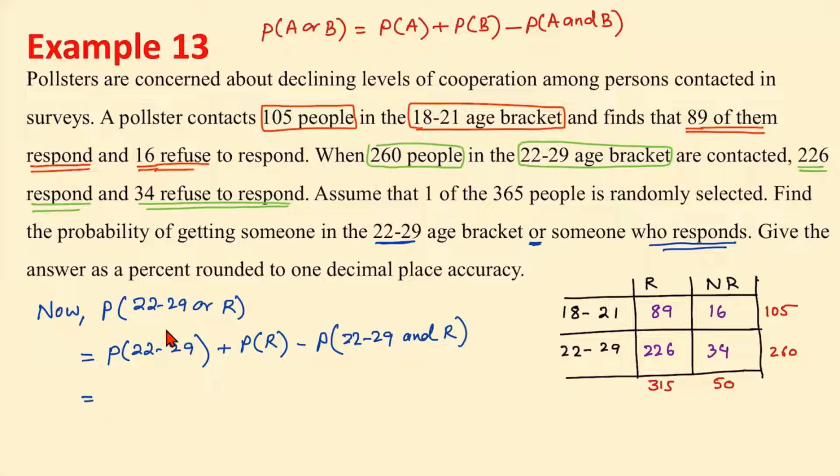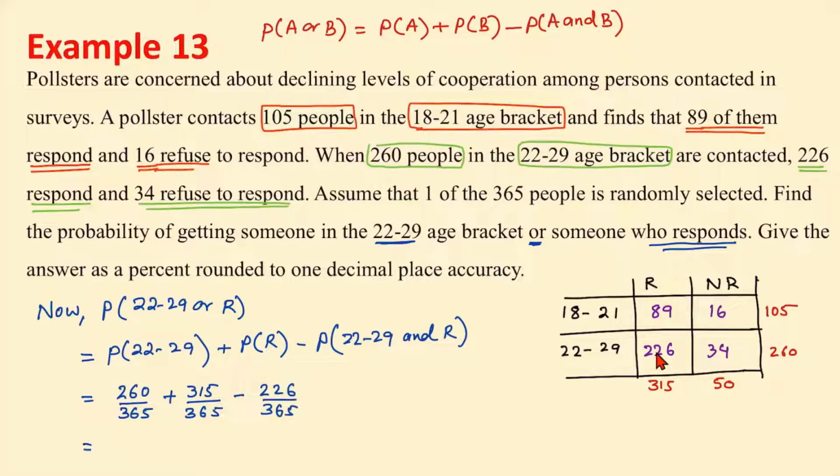The probability that someone is in this age group is 260 out of 365. Then plus the probability that someone responded: 315 people responded, so that is 315 out of 365. Then minus the probability that someone is in this age group and responded: 226 out of 365.